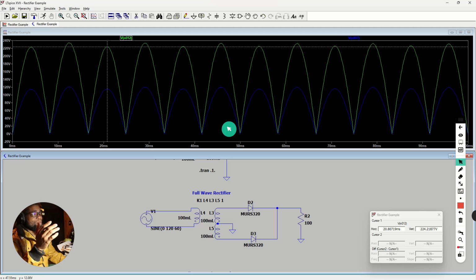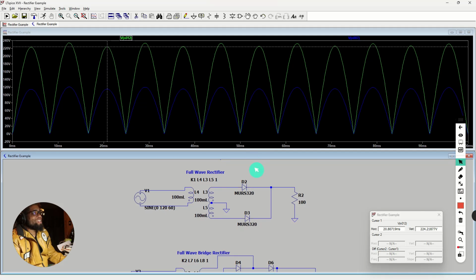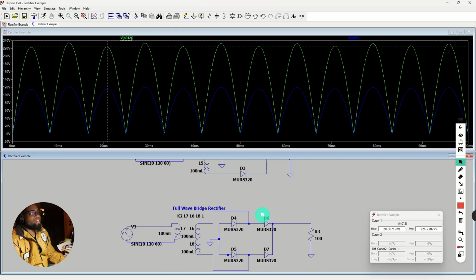The signals look pretty much the same, except for what? The size of them, right? The output of the bridge rectifier is significantly larger. And you say, well, why is that? Because the bridge rectifier essentially doubles the amount of voltage that you have here, okay? So it'll essentially double the voltage that you have.